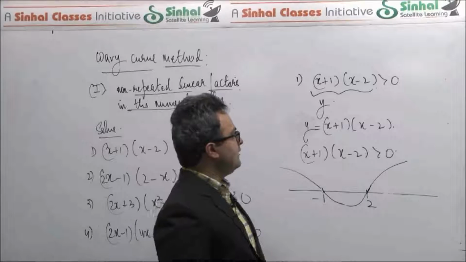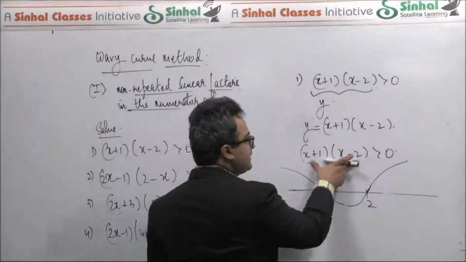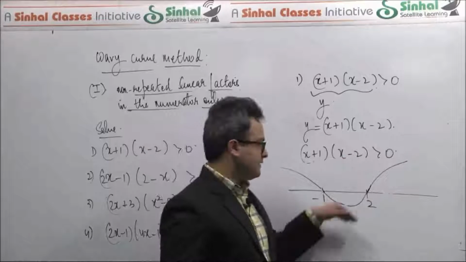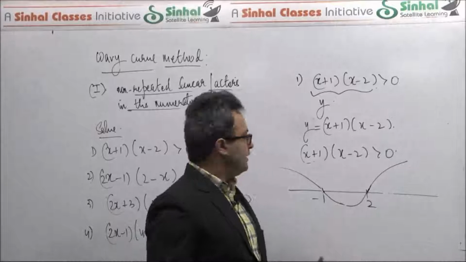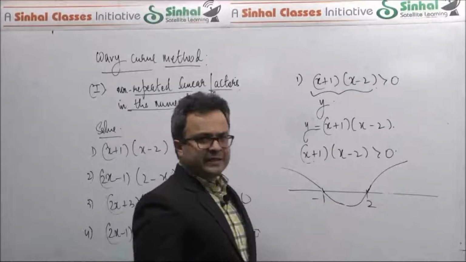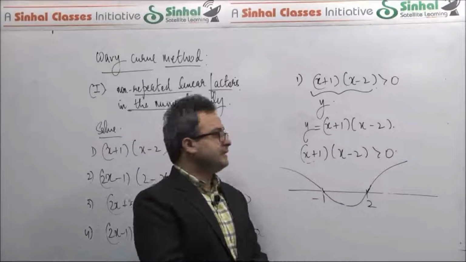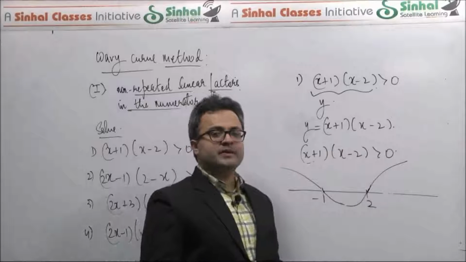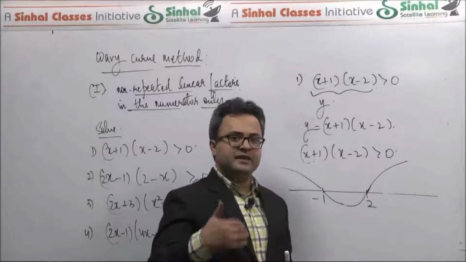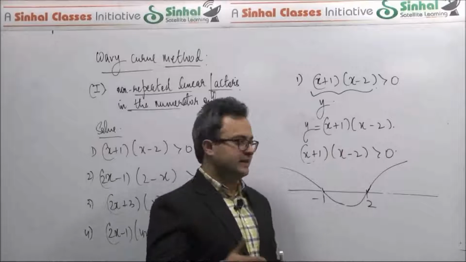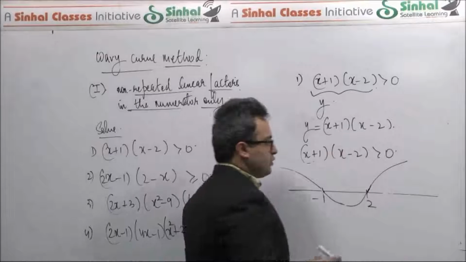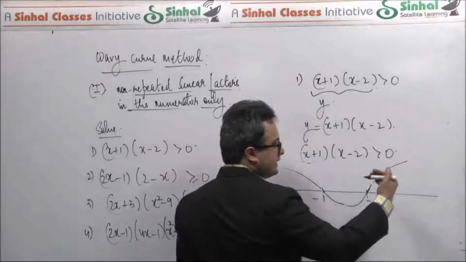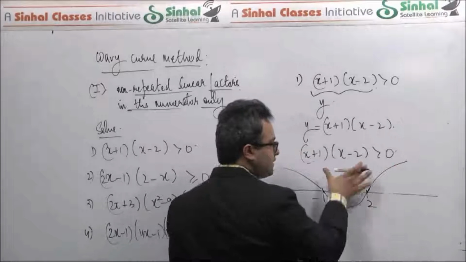Now, if I call this expression y, just imagine the normal x versus y plane. Just like in the case of quadratic inequalities, you want y to be positive, and y will obviously be positive when the graph is above the x-axis, right? So the interval where the graph is above the x-axis constitutes the set of points where the expression is positive.